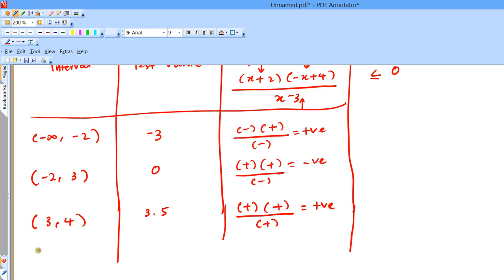And lastly, from 4 to positive infinity, you can choose x equal to 5. The first bracket is positive, the second bracket is negative, and the denominator is positive, which equals a negative sign.